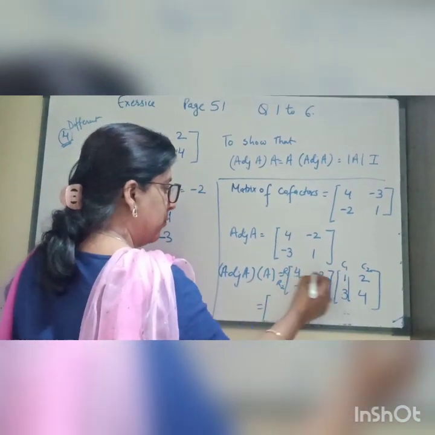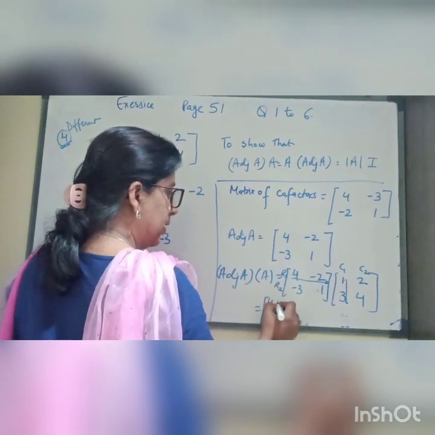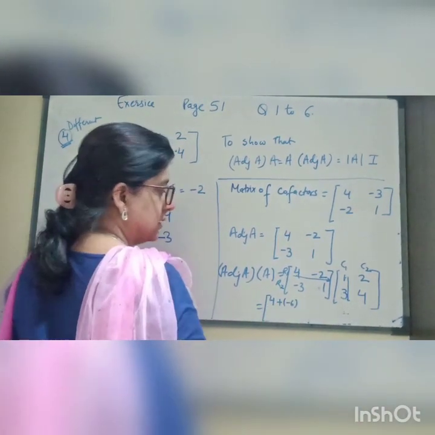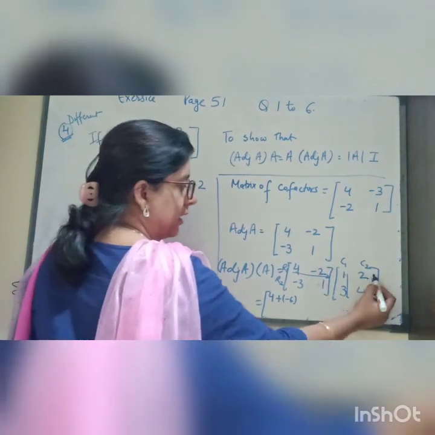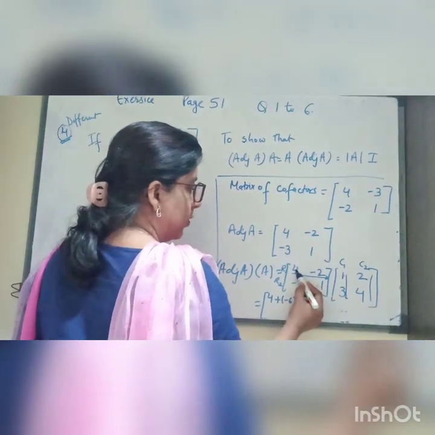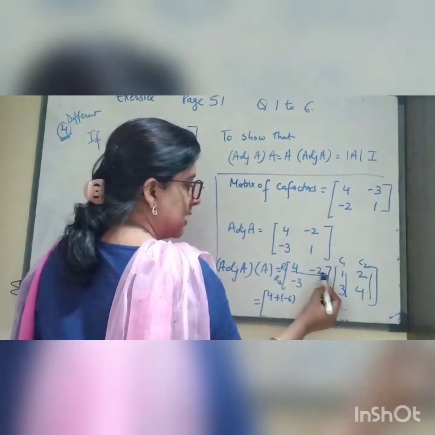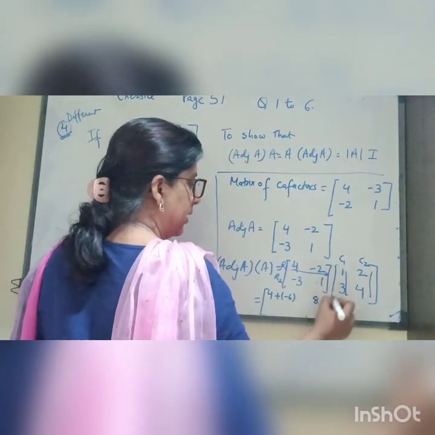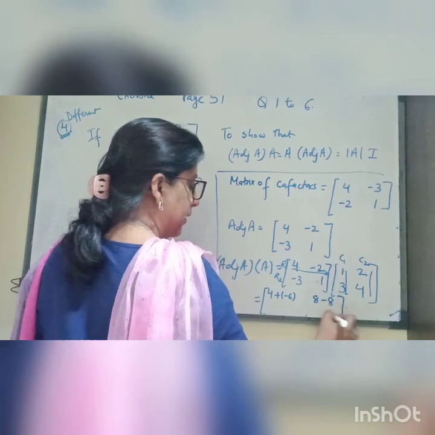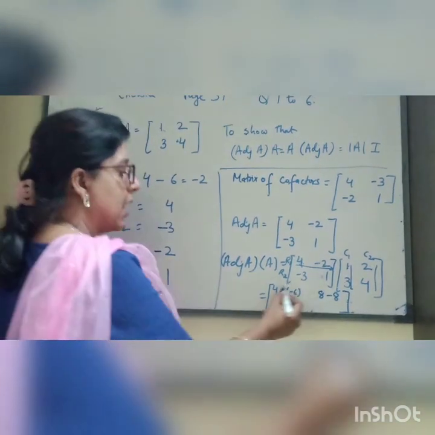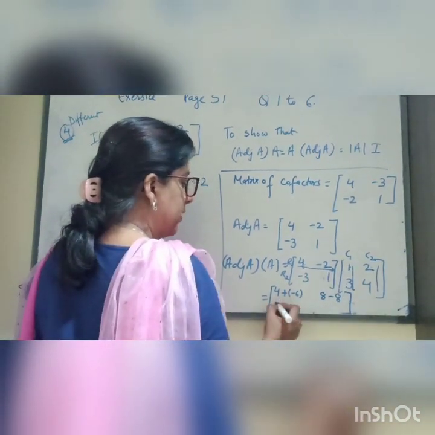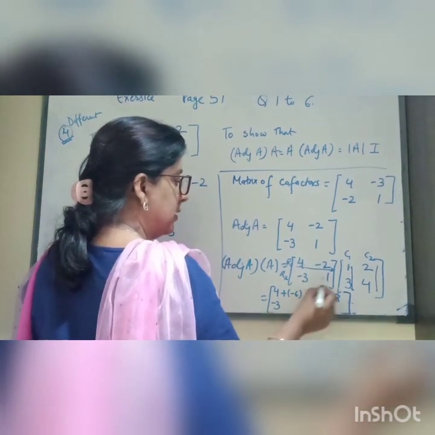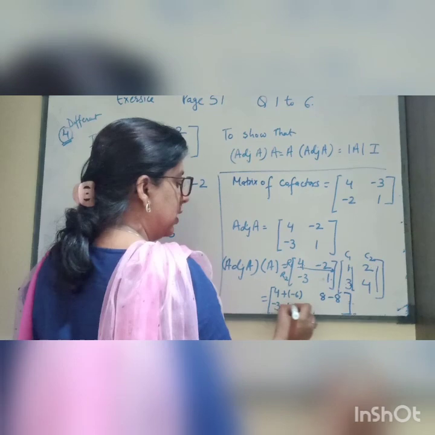So what we'll get? 4 into 1 is 4, plus -2 into 3 is -6. Now R1 with C2, first with first, second with second. 4 into 2 is 8, minus 8. Now R2 with C1, -3 into 1 is -3, 1 into 3 is 3.